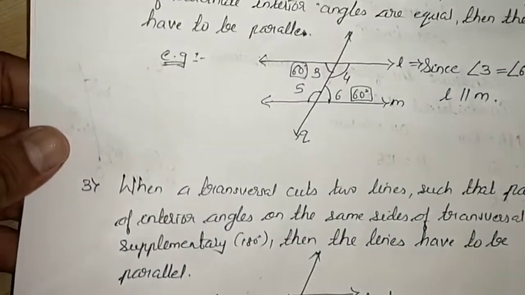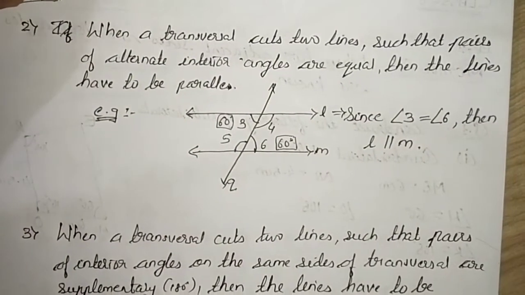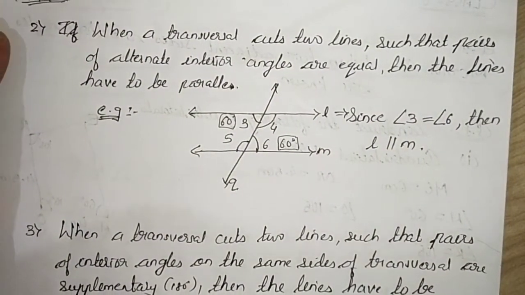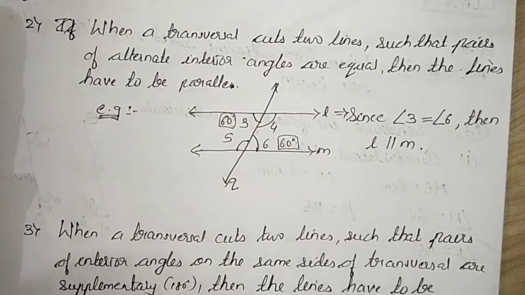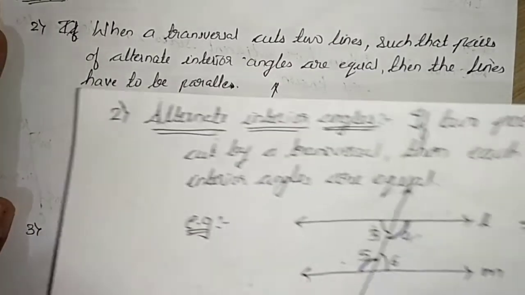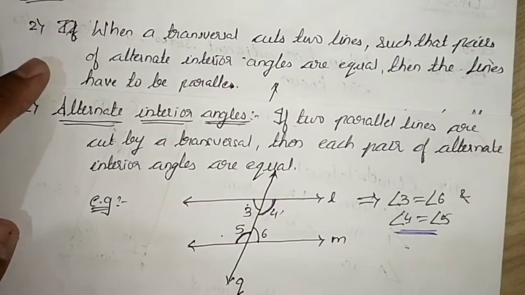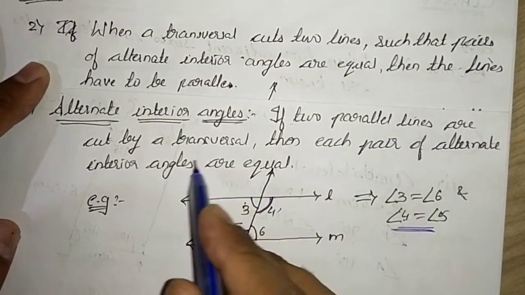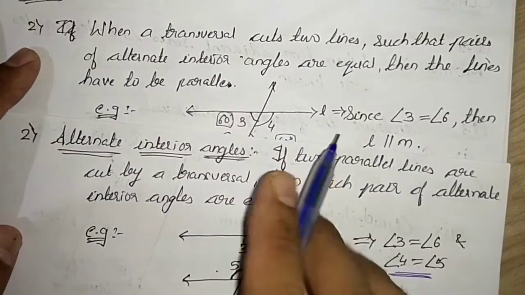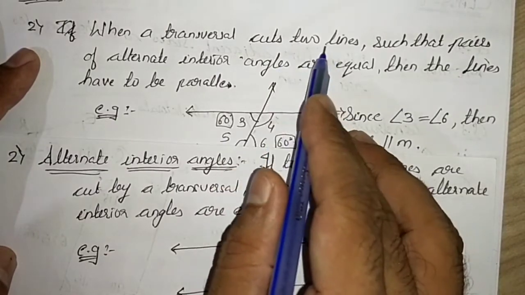Moving further, the second point will be the opposite of the second point, the alternate interior angle point. Here, instead of parallel lines they will give two lines.